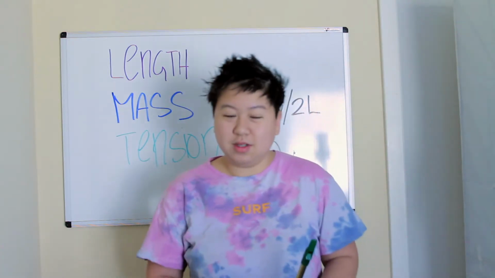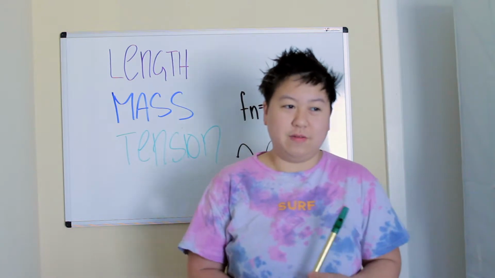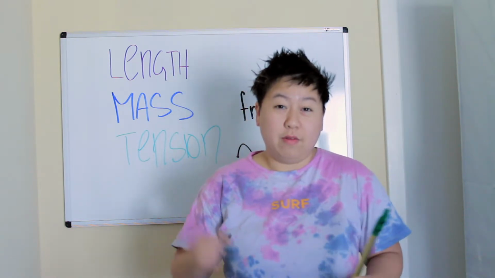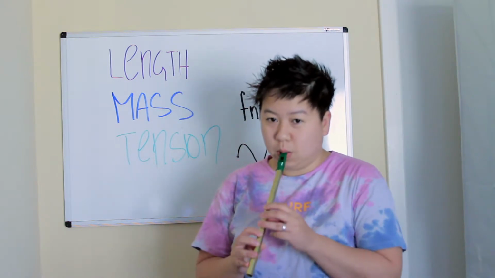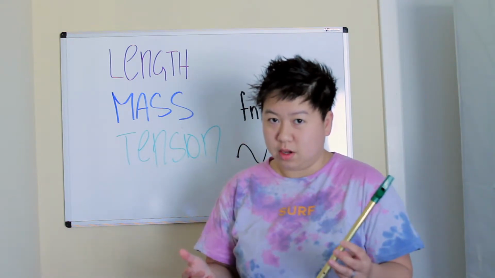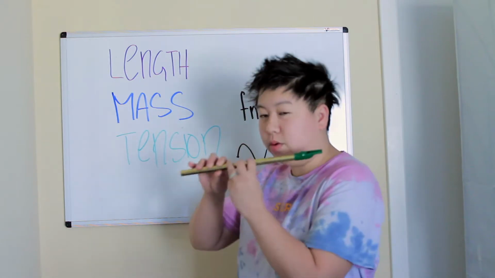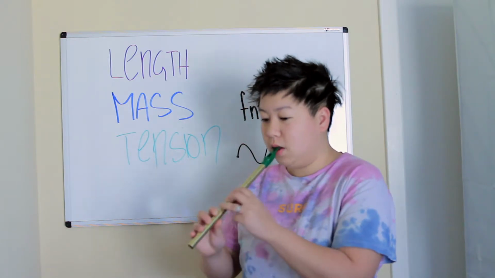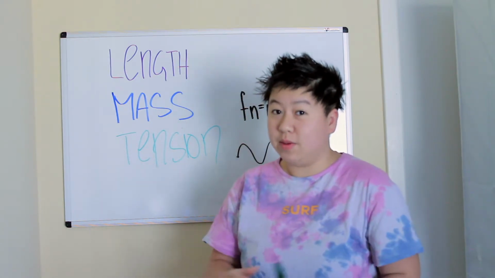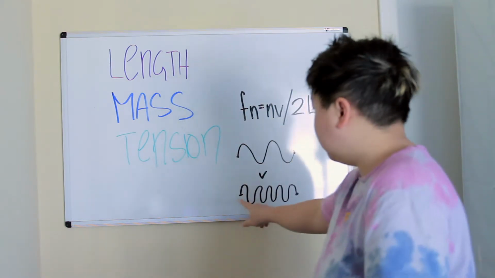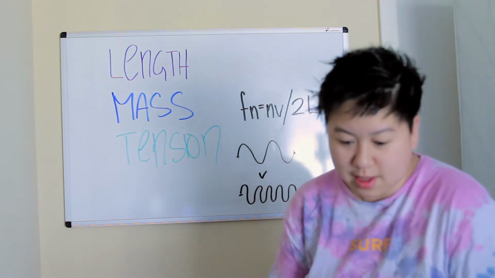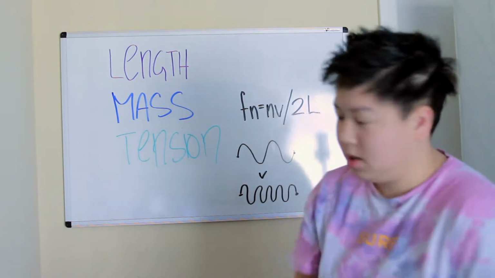Tension. Tension also is a contributing factor because of how hard the force is going. So that's one note, and holding the same length, I can do it higher because I'm pushing air faster, allowing it to oscillate faster at the same note.